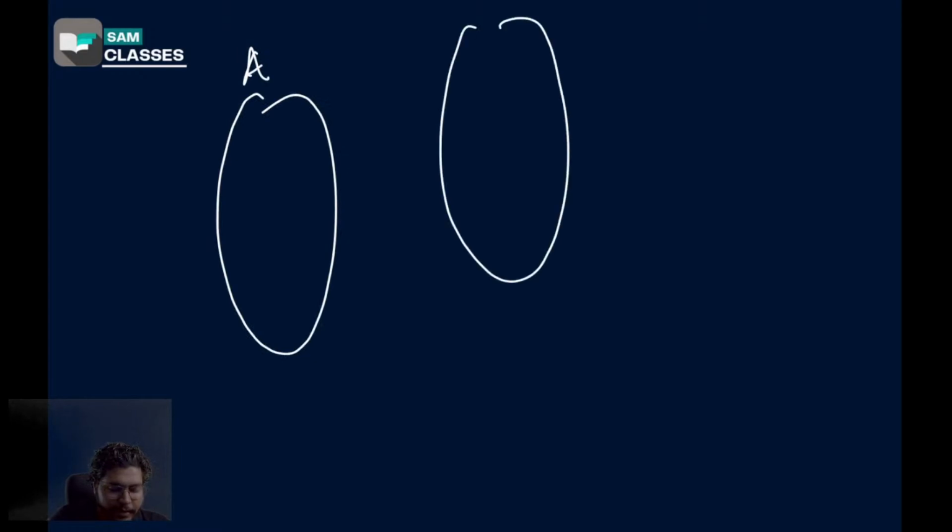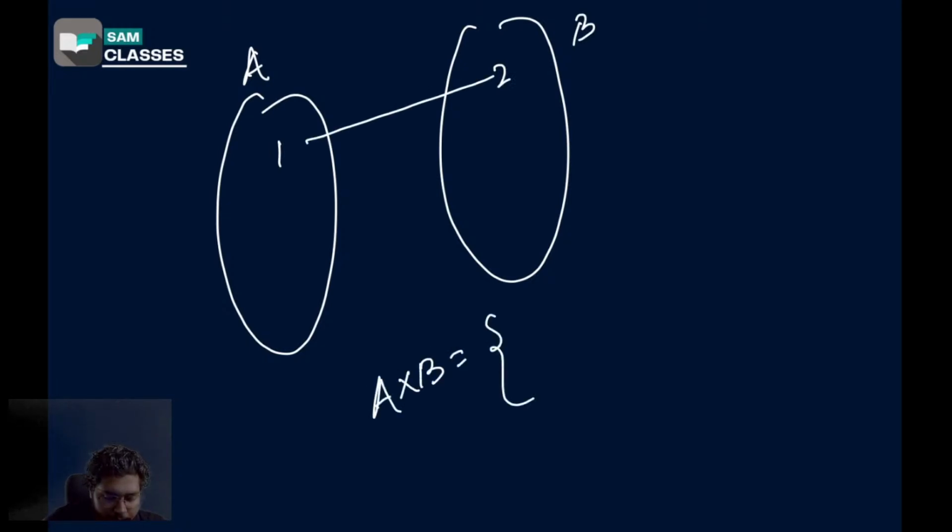Right or wrong, we don't know. Let's see. If I have this set, when I write 1 and 2, A cross B has the element (1, 2), correct?